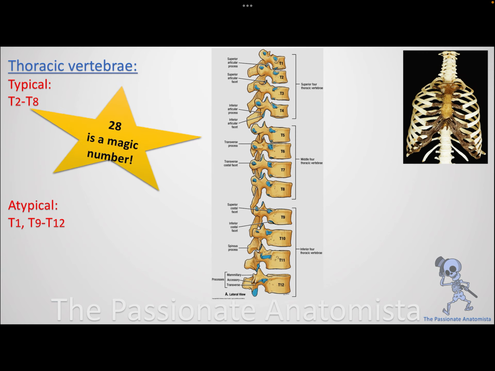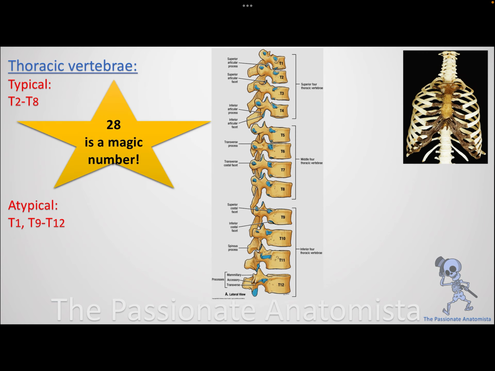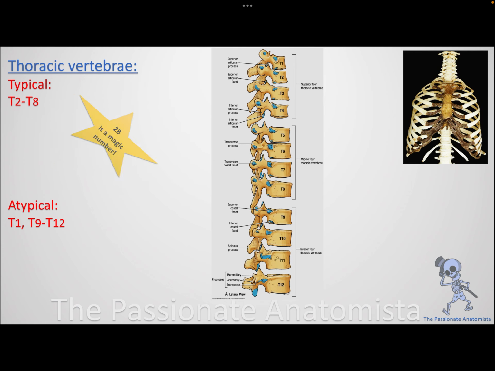So 28 is a magic number. Remember that 28 is a magic number because this is the typical thoracic vertebrae, okay, from number 2 to number 8. Okay, now what about the ribs? We can just add 1. So for the ribs, rib number 3 to 9, they are the typical ones.